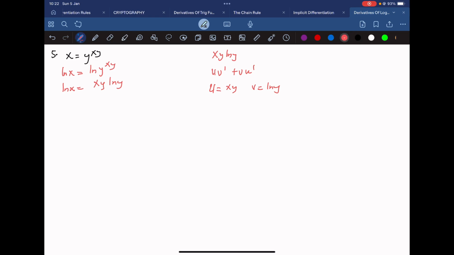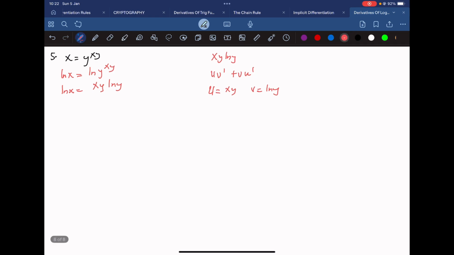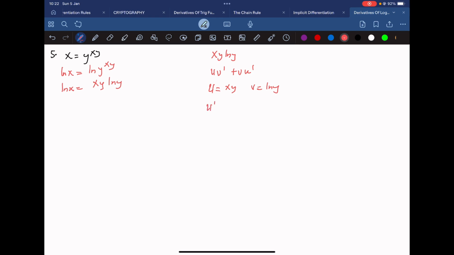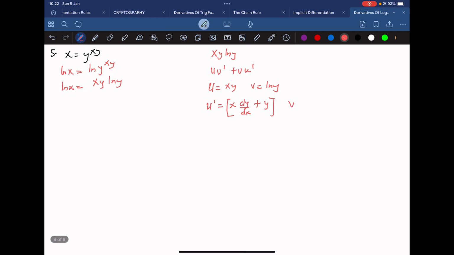So now choosing u to be this and v to be this, if you find u prime, you have to use implicit differentiation. So in this case, remember, we hold x in place, we differentiate y, we have dy dx, plus, you differentiate x, you get 1, you multiply it by this y, you have just y here, and v prime is just 1 over y dy dx.